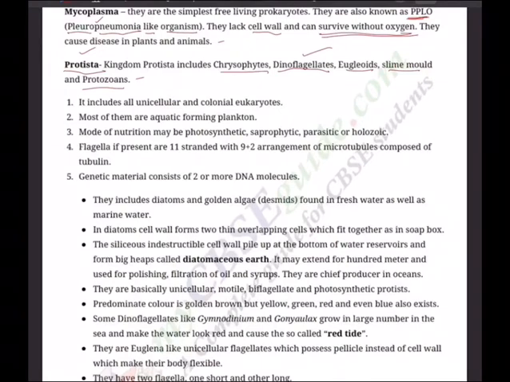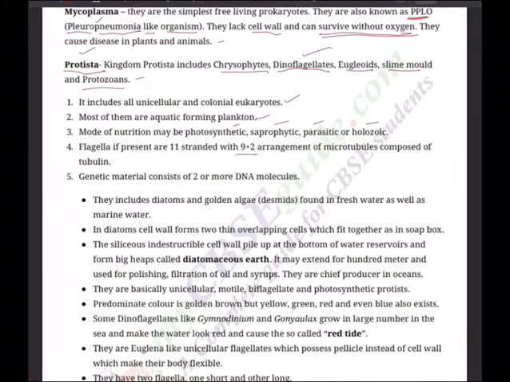It includes all unicellular and colonial eukaryotes. Most of them are aquatic, forming planktons. Mode of nutrition may be photosynthetic, saprophytic, parasitic, holozoic. Flagella present are of the 9+2 standard arrangement.